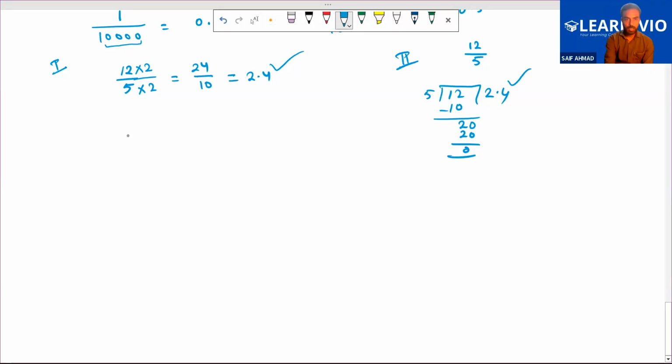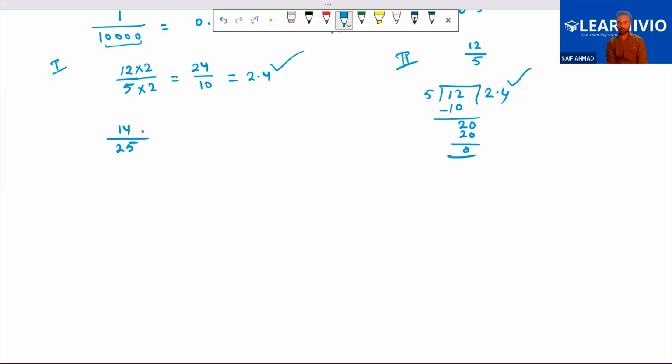For example, 14 by 25. First, how do you make the denominator a multiple of 10? Tell me. Can you make 25 into 10 after multiplying or dividing? Is there any number you can divide 25 by to get 10? No, there is no number.